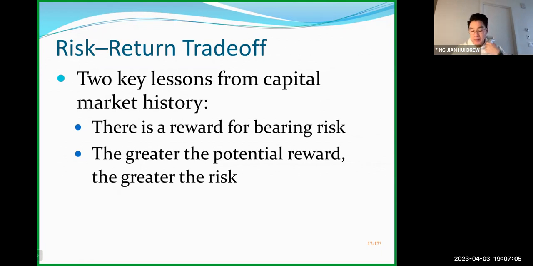But the idea is that the more risk you take, the more returns you should get, because you should be compensated for the amount of risk that you are taking. So basically, the market is quite fair. If you take more risk, we'll compensate you with more returns. But there are certain types of risk that if you take, you will not be compensated. That's the general concept.